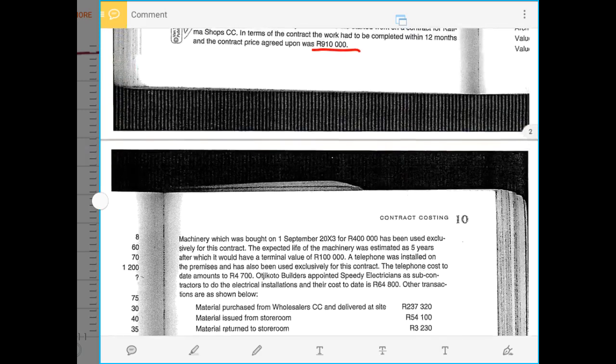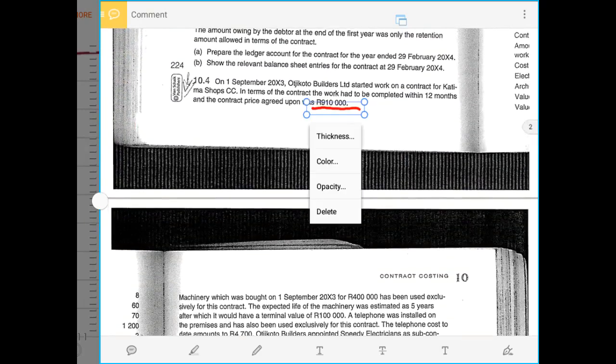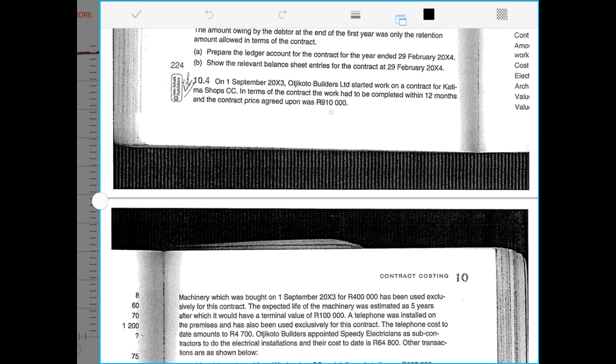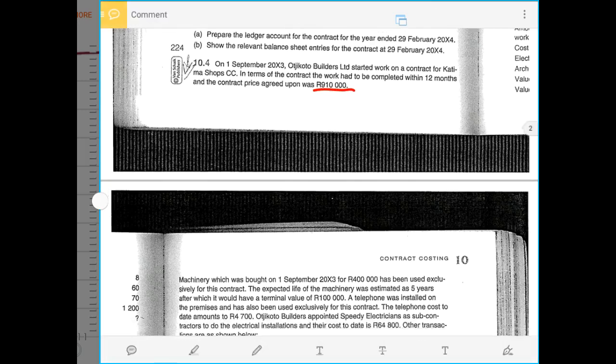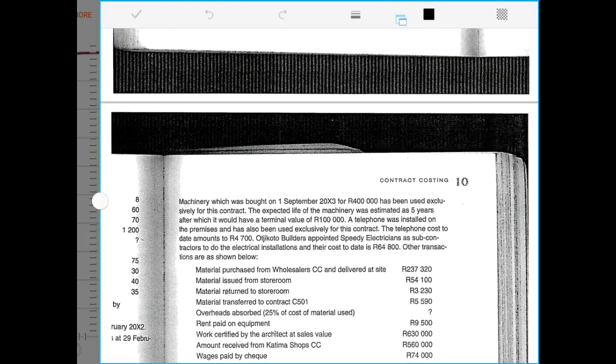So now we start from the beginning, where we are told that the contract price for this contract was 910,000 rands. That does not get recorded in this case. Then let us continue. It said that there was machinery that was bought on the 1st of September for 400,000 rands and has exclusively been used for this contract.